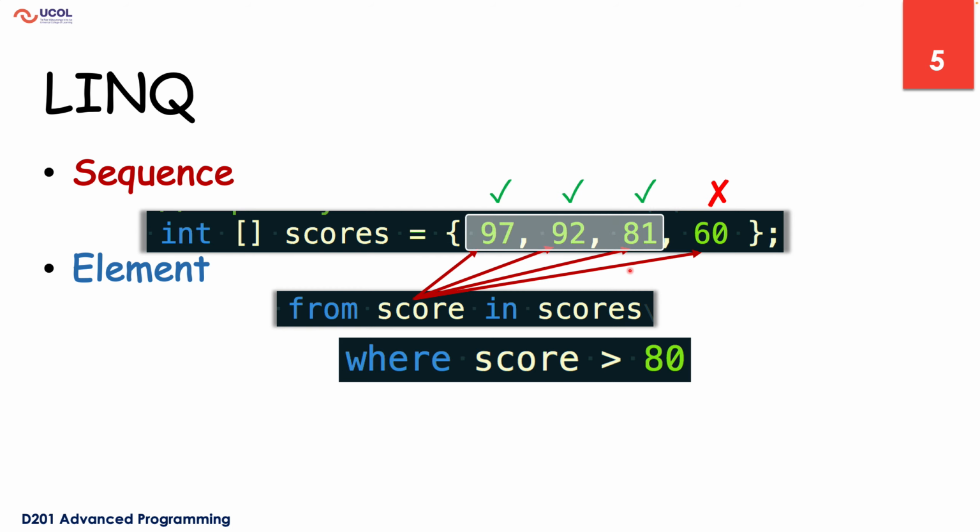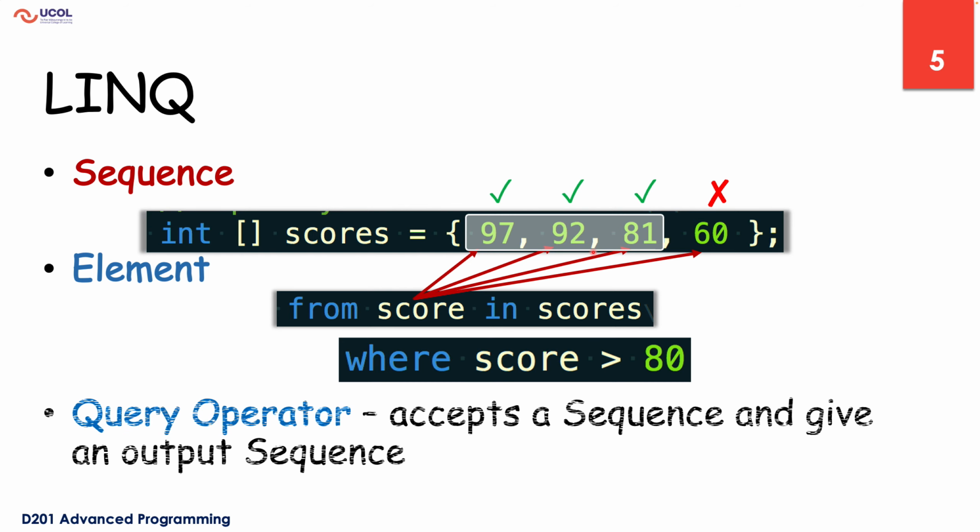This is the thing that is going to be returned when you say select score: it will return me a list of these three numbers excluding the 60. So a query operator accepts a sequence and gives an output sequence, a list or array, in simple terms.